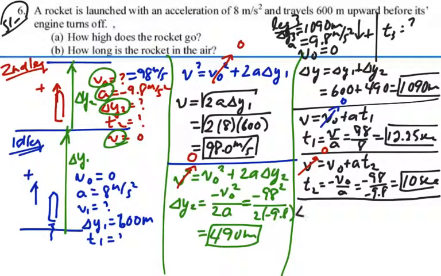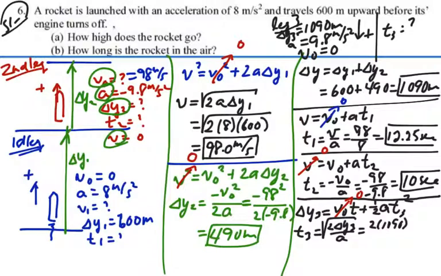So we have delta y3 equal to initial velocity times time plus 1/2 acceleration times time 3 squared. Initial velocity being 0, our time T3 is going to equal the square root of 2 times delta y3 divided by acceleration. That's the square root of 2 times 1,090 divided by 9.8, and that is equal to 14.91 seconds.